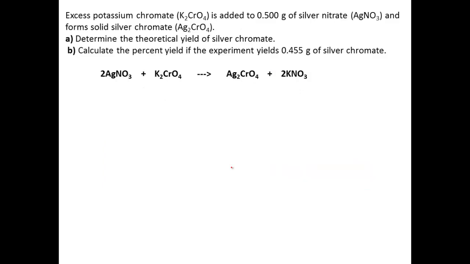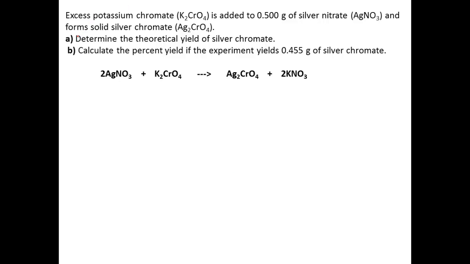So our problem to look at: excess potassium chromate, K2CrO4, is added to 0.5 grams of silver nitrate, AgNO3, and it's going to form silver chromate, Ag2CrO4. Determine the theoretical yield for silver chromate, so how much should we produce, and then calculate the percent yield if the experiment yielded 0.455 grams of silver chromate.